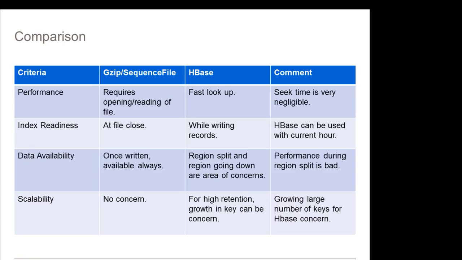So there are instability issues which can be faced when you have a very large amount of data. But the GZIP approach for sequence files has already been demonstrated, and you can always go and read it. Similarly, for the security aspect, if you are looking for high retention, like 30 days as I mentioned, then yes, the number of keys will be very large.